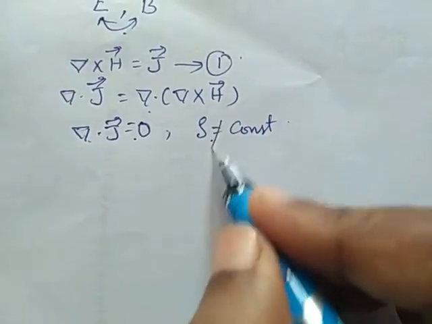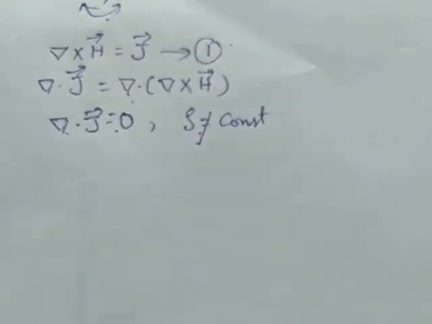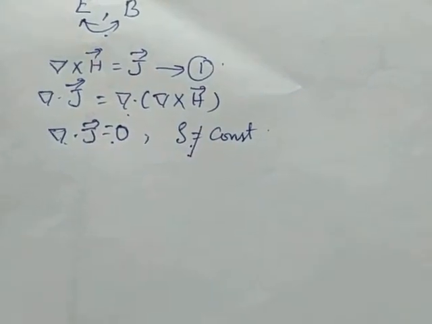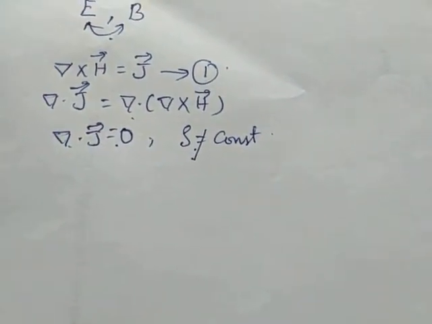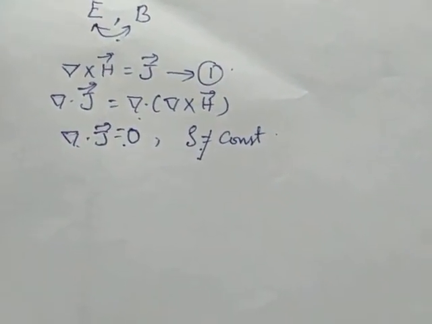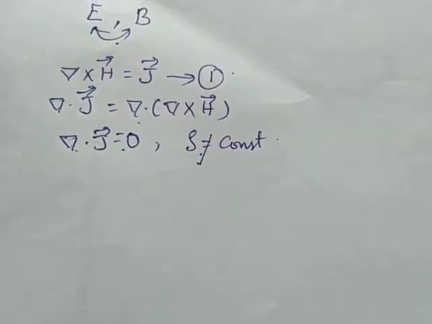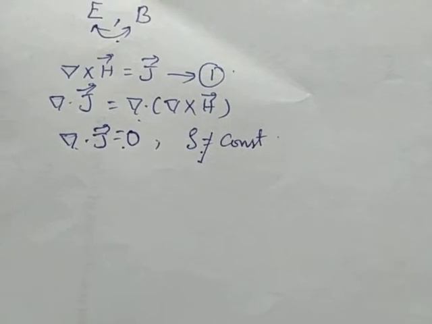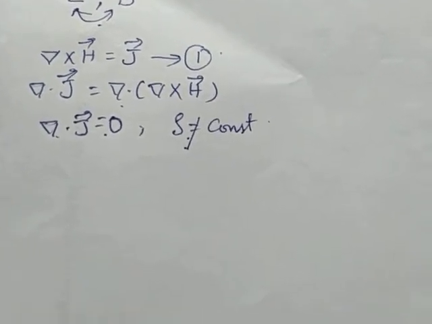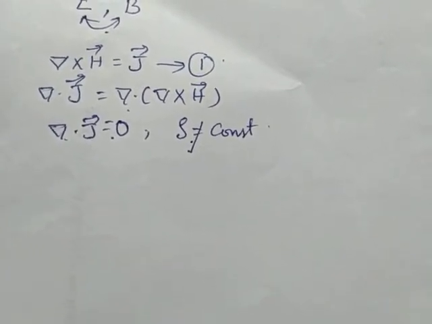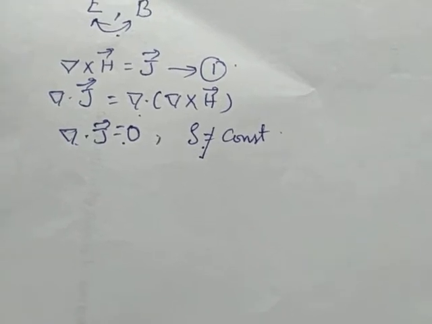If density is not constant, del dot J is not equal to 0. So he wanted to correct this term. This Ampere's law is incomplete. He wanted to find the correct Ampere's law which gives the relation between current and magnetic field.